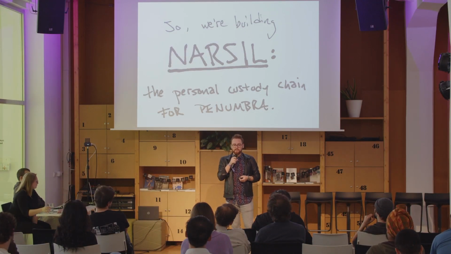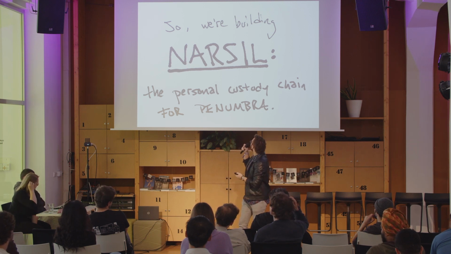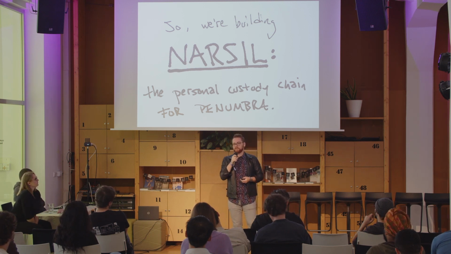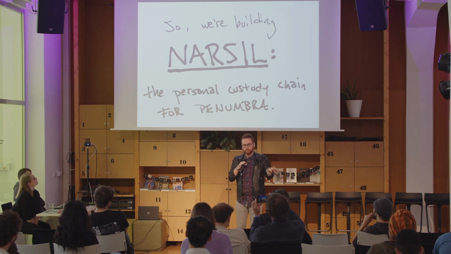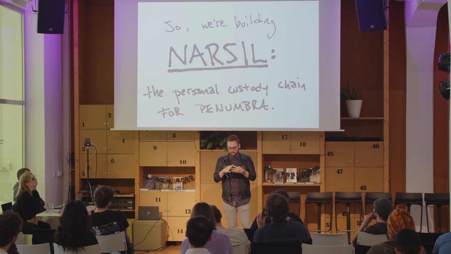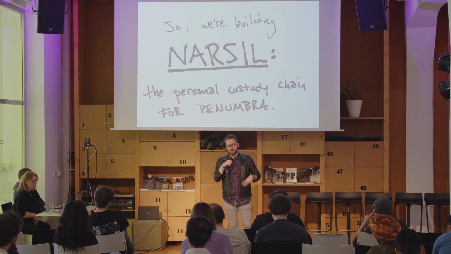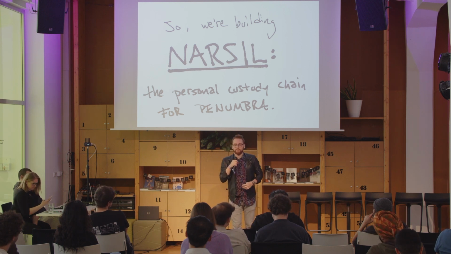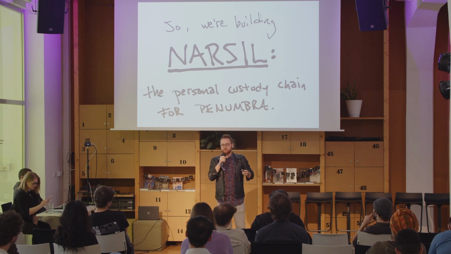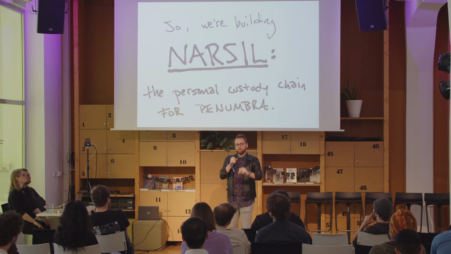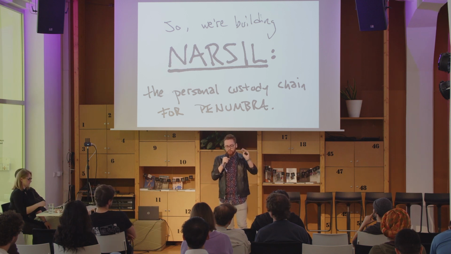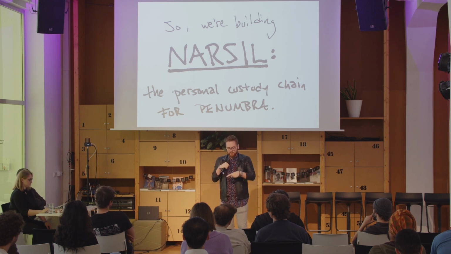Narsal is a private, or permissioned, personal custody chain for Penumbra. It's based on Tendermint consensus, and what it lets you do is threshold signing. You split your signing key across all of the shards of your Narsal cluster, so that when you want to submit a transaction to Penumbra, you submit the transaction plan for your Penumbra transaction to the Narsal cluster, and that is a transaction in the Narsal blockchain.